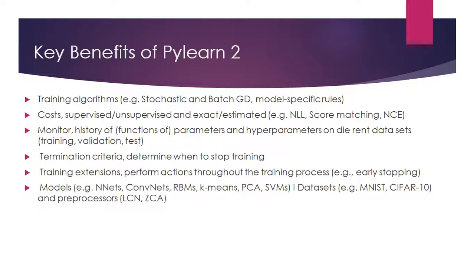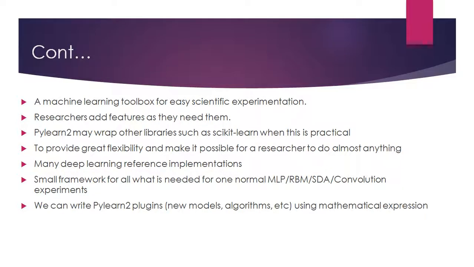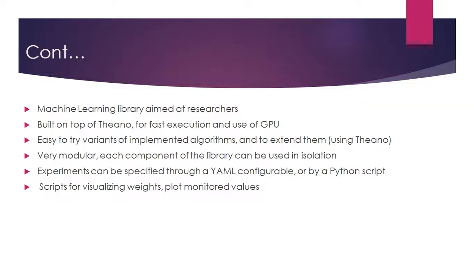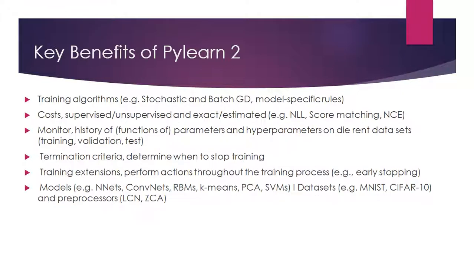In this video we have seen what Pylearn2 is, what the machine learning research library is, Pylearn2's data specification, regression, the key benefits of Pylearn2, the models such as neural networks, the standard data sets MNIST and CIFAR-10, and termination and stopping.